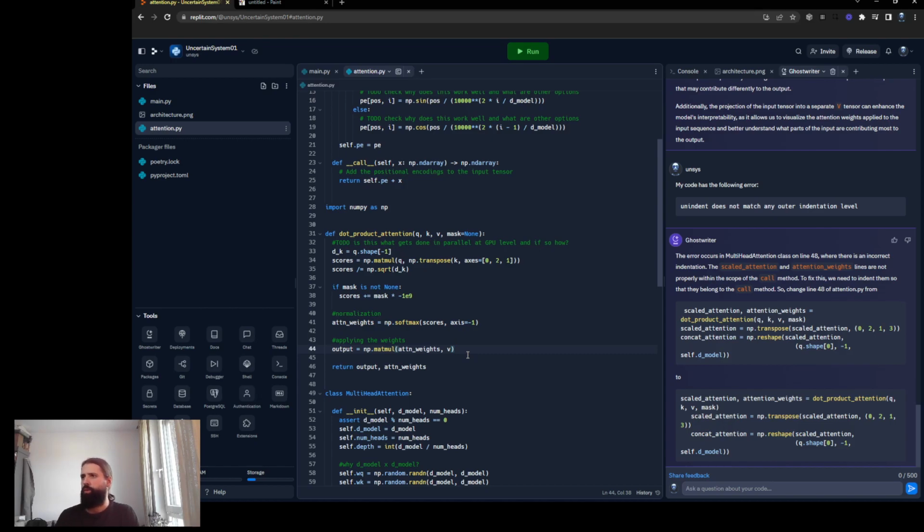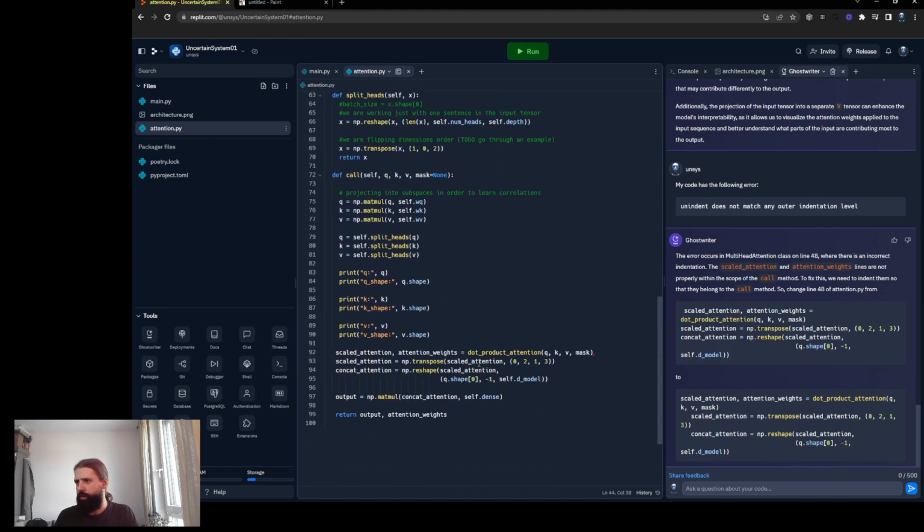So cool. And then once we have these two things, what are we doing with them? Scaled attention. You concatenate the attention. That's the output actually. Scale attention weights and attention. And then we do these dense layers. I don't know what these dense layers are for.